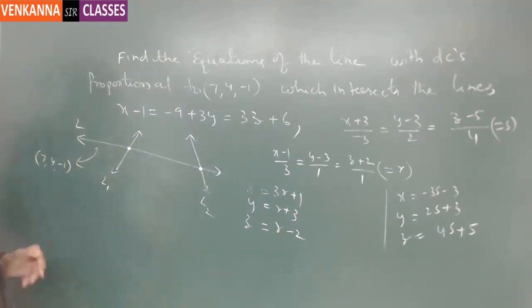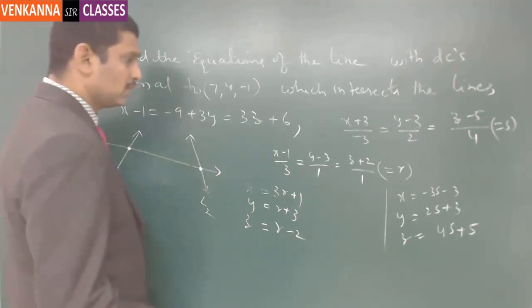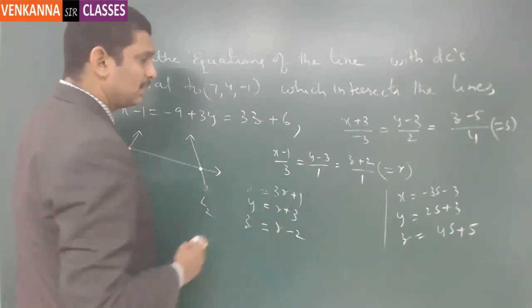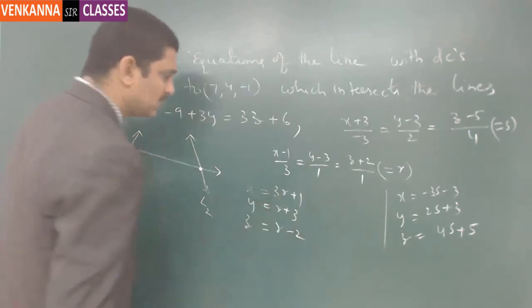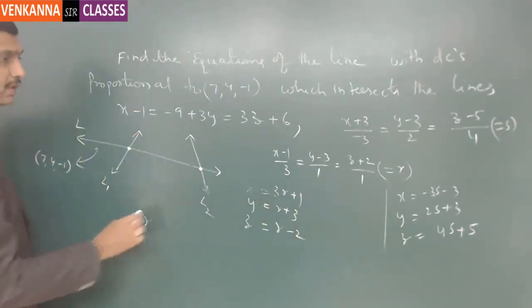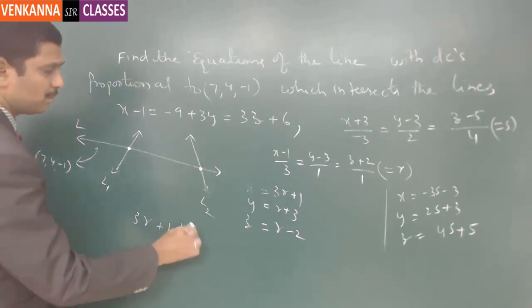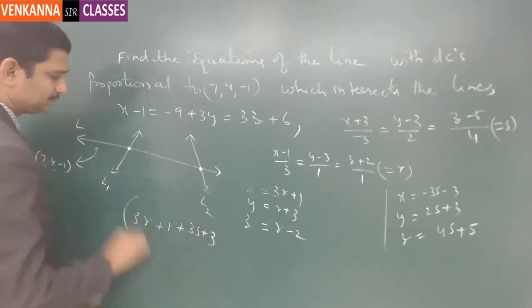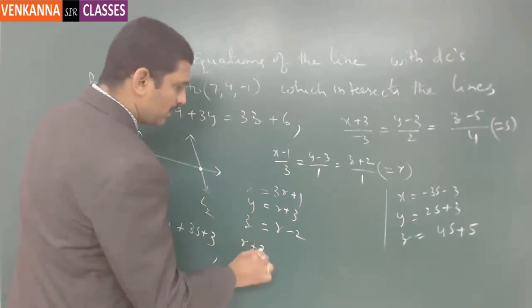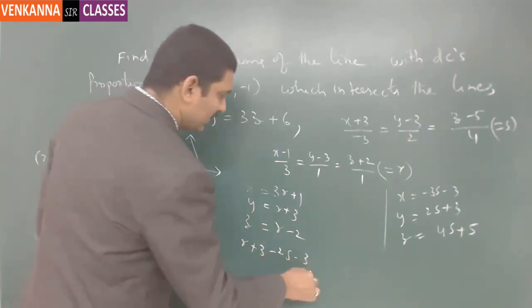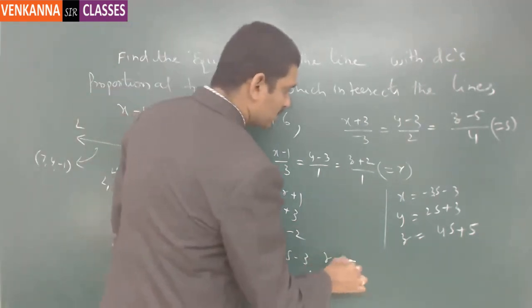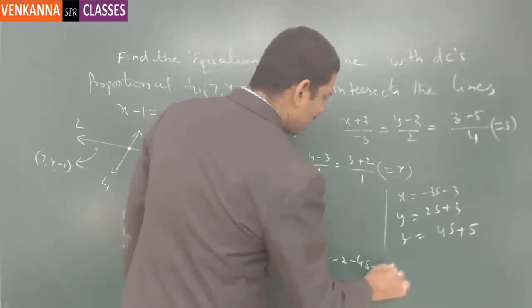So if you take the subtraction, this minus this, you perform 3r plus 1 plus 3s plus 3, r plus 3 minus 2s minus 3, r minus 2 minus 4s minus 5.